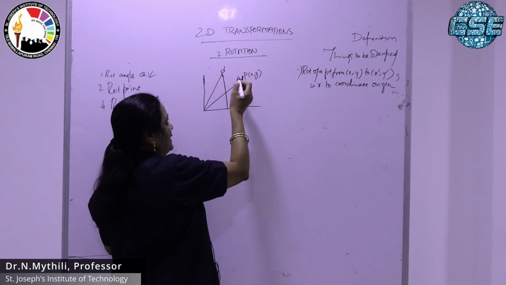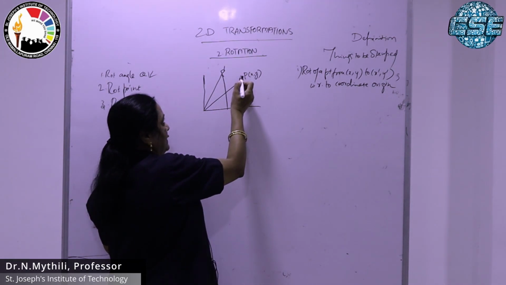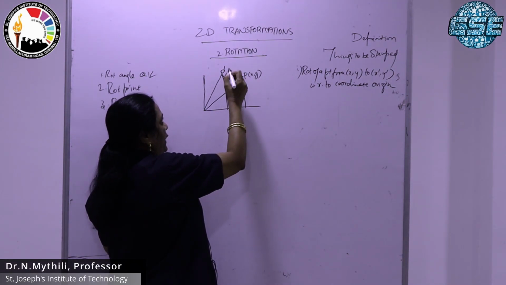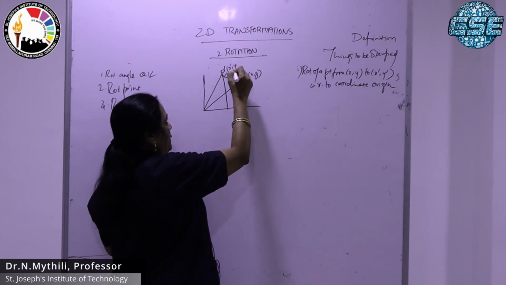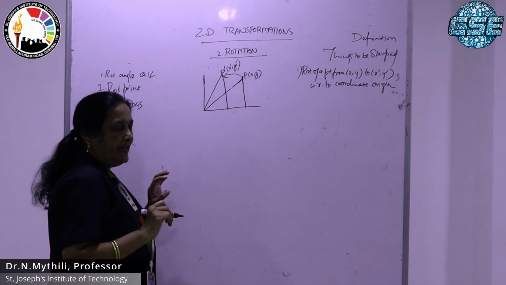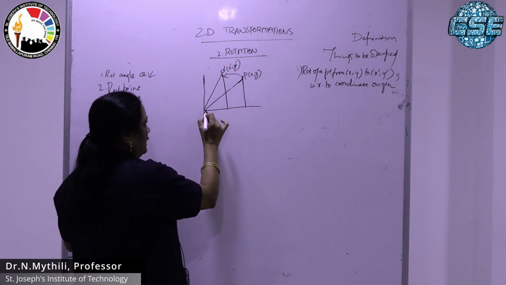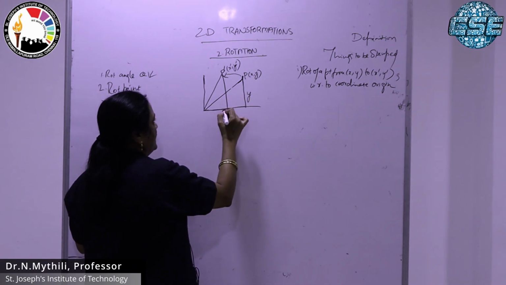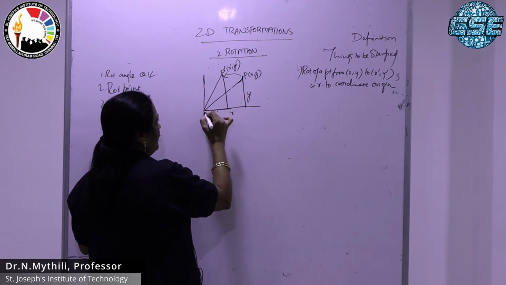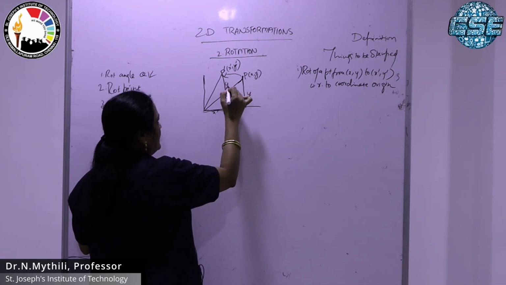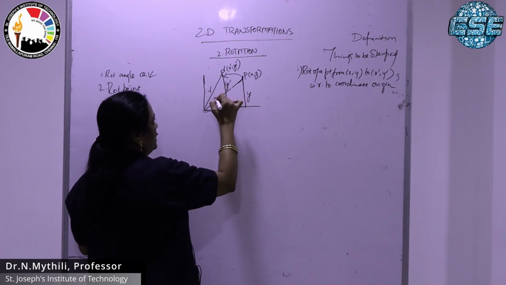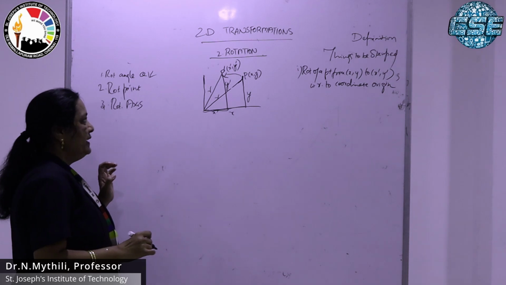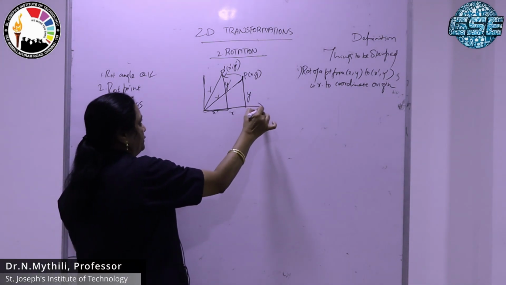Now this is the transformed point with the coordinate position x dash comma y dash. Okay. Now here the distance is x and this distance is y, and this distance is x dash. This distance is y dash, and this hypotenuse distance is r. Okay.